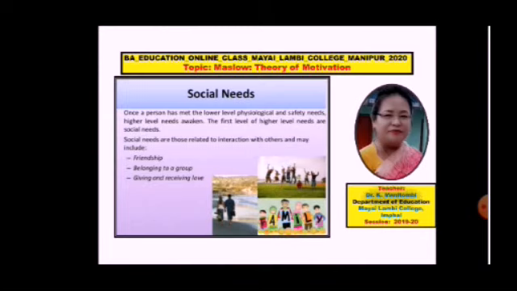So, the social needs. What is required in the social needs according to Maslow's theory? Once a person has met the lower-level physiological and safety needs, the higher-level needs awaken. The first of the higher-level needs are the social needs.